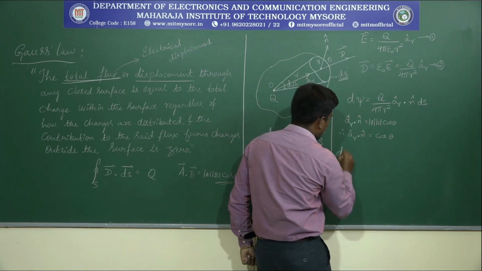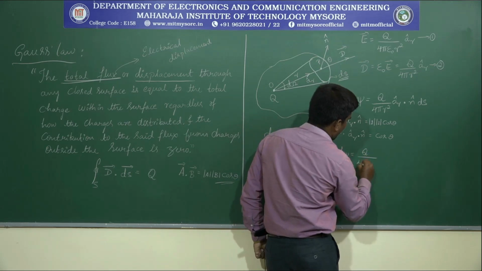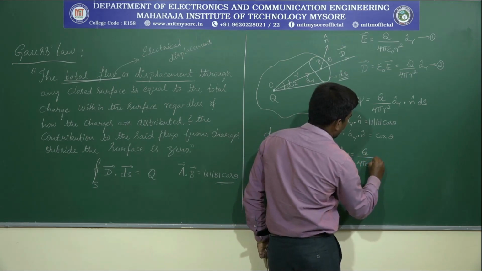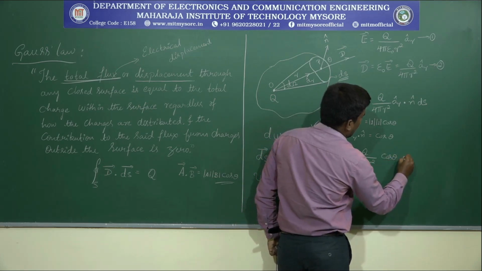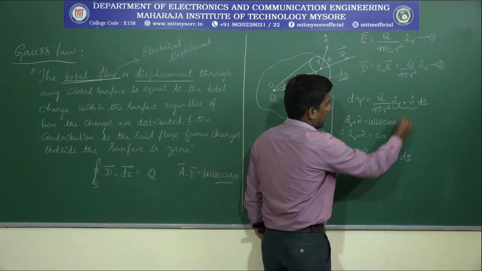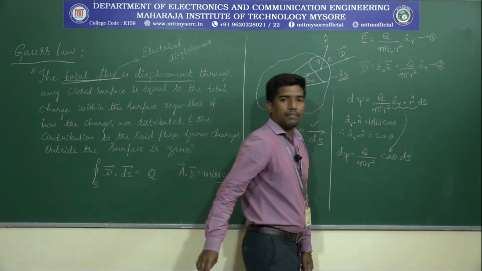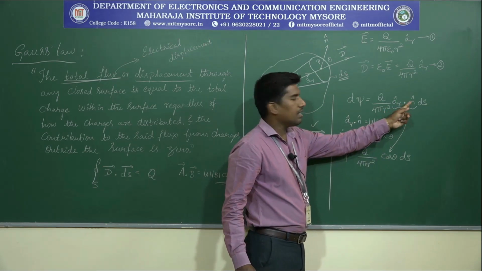Therefore, the equation d psi becomes Q divided by 4 pi R square into cos theta into ds. So this quantity is replaced by cos theta here. Got it? So this is the dot product between A cap R and n cap.